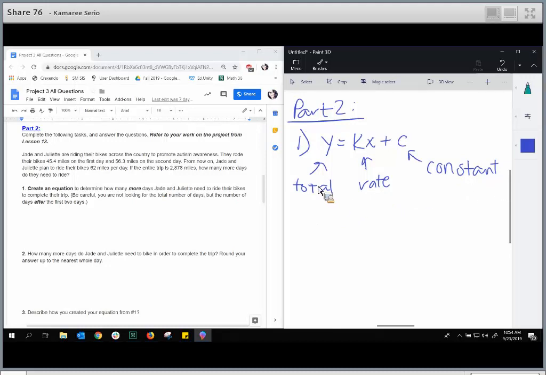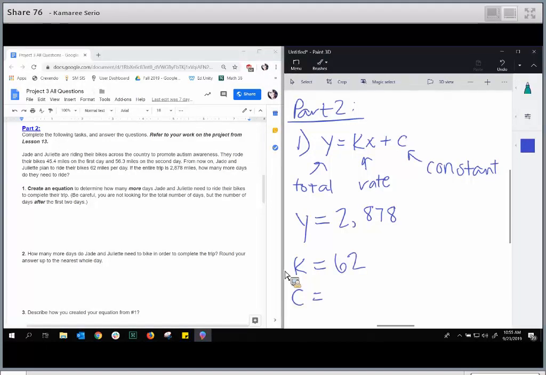So the total is probably the easiest, right? It says the entire trip is this many miles. So that means that y is 7,878. Now the rate, remember that one way you can tell your rate is if something says per blank, right? This says 62 miles per day. So since it's 62 miles per day, that's my rate. So my k is 62.